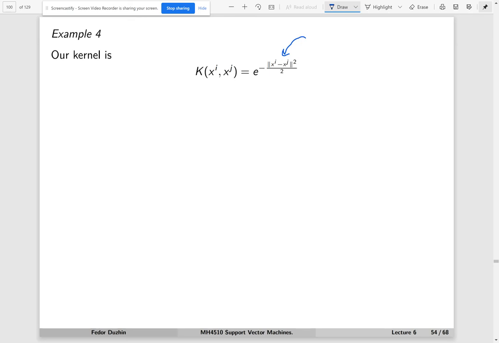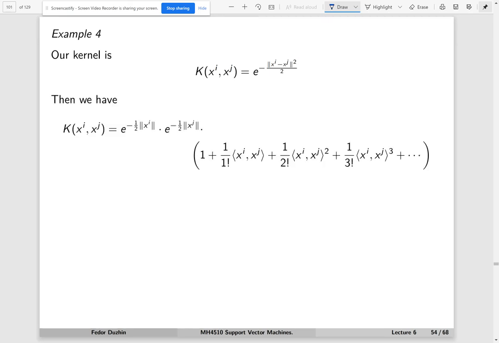Now if you rewrite this using the Taylor series, you will see that this is like the sum of infinitely many terms. So if you think of this as enlarging our feature space, it means that we are enlarging it by an infinite dimension.